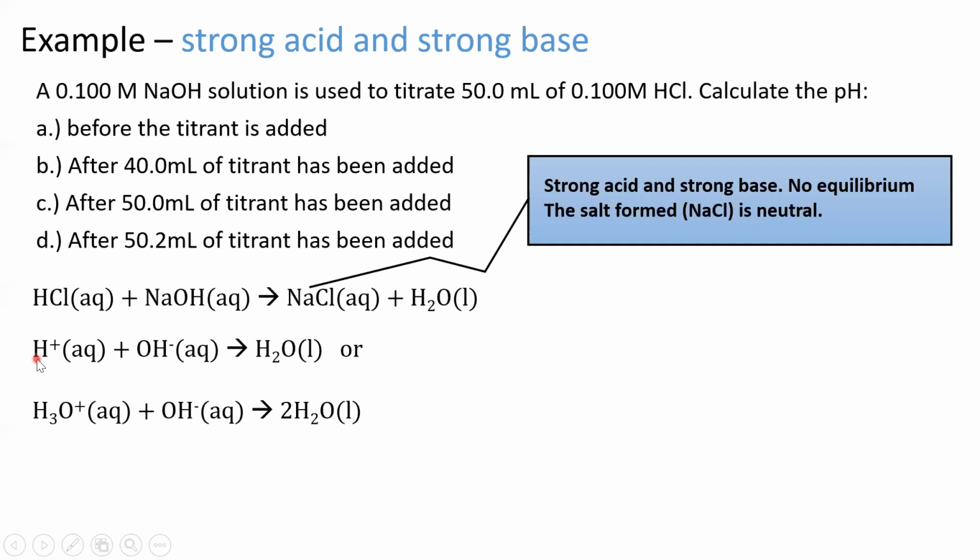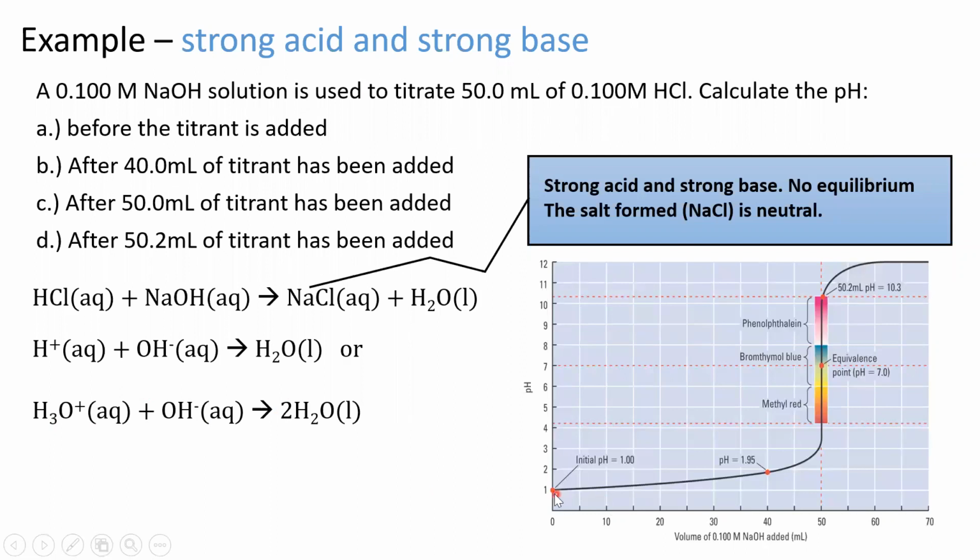They tend to attach to water molecules and form hydronium. They're almost interchangeable. This is kind of the shorthand way of writing it. This is really more true to what you would have in the solution. So we've got hydronium ions reacting with hydroxide ions to produce water.